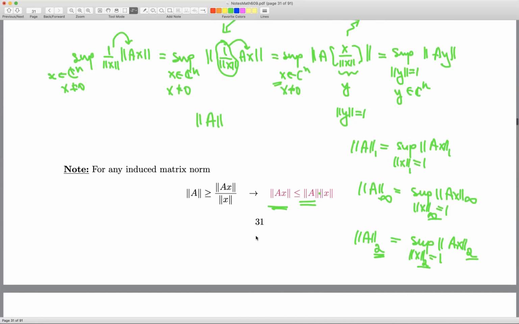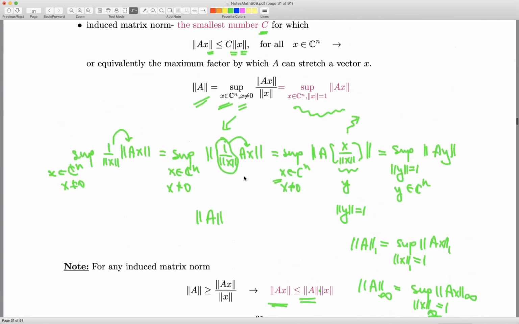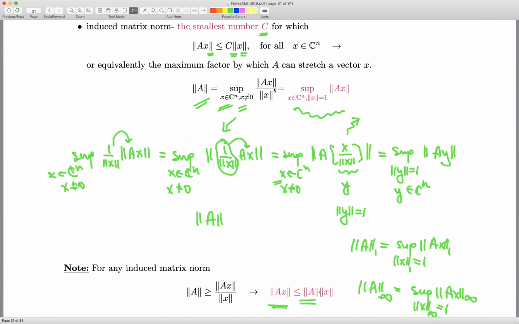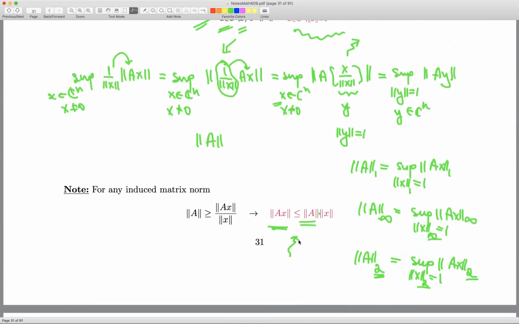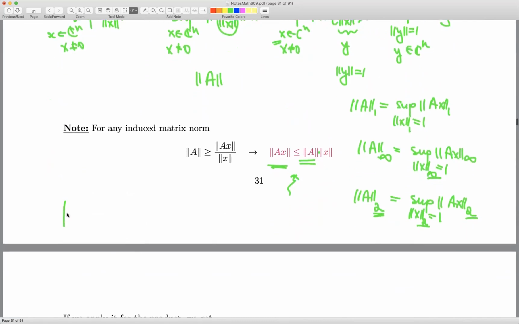Well, this follows directly from the definition of a norm of a matrix. So let's prove this inequality.